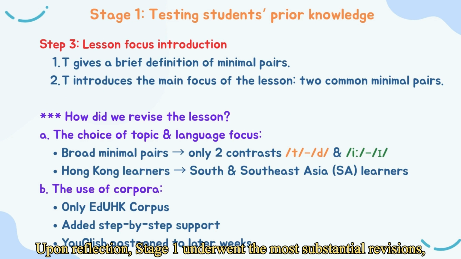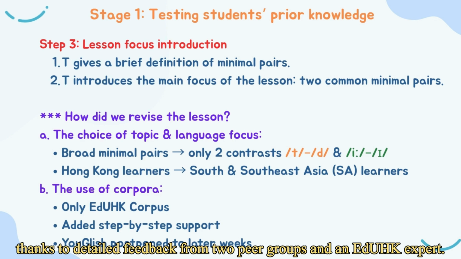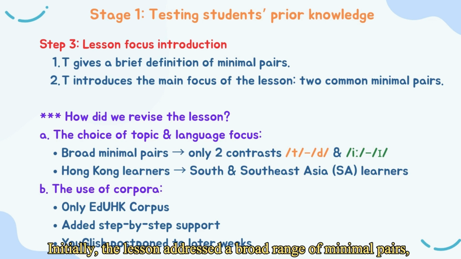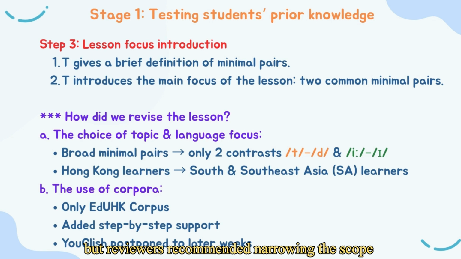Upon reflection, Stage 1 underwent the most substantial revisions, thanks to detailed feedback from 2 peer groups and an EDUHK expert. First, we refined the topic and language focus. Initially, the lesson addressed a broad range of minimal pairs, but reviewers recommended narrowing the scope to improve alignment across stages and ensure more targeted, measurable outcomes.